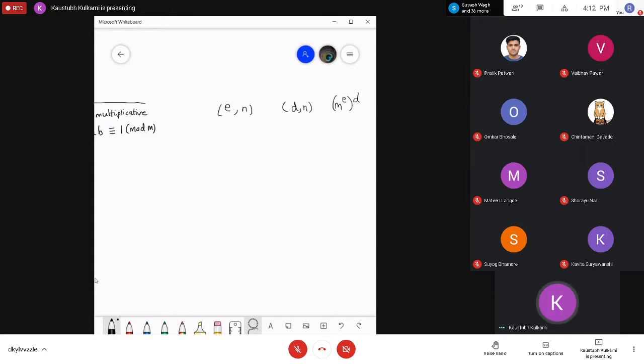For that, this public-private key pair should follow this property: ED is congruent to 1 mod psi of n. This is called the totient function, which we'll see later. But the key idea is that E and D should follow this. So to find D given E, you should be able to solve this equation.